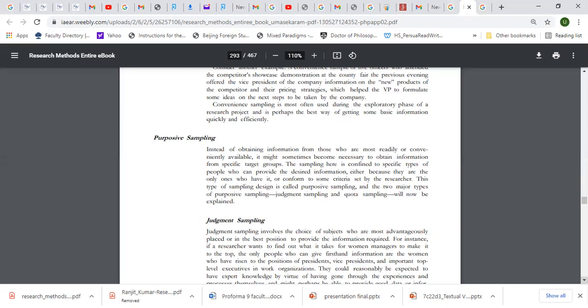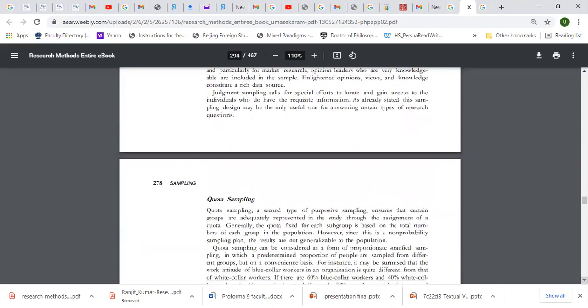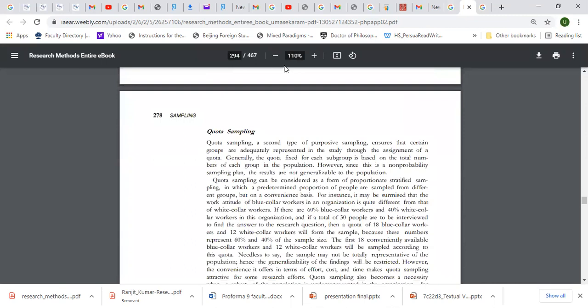And this is how you'll complete the purpose of your research. You can also go for quota sampling as well.